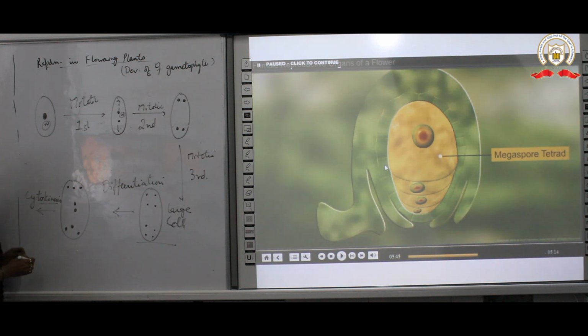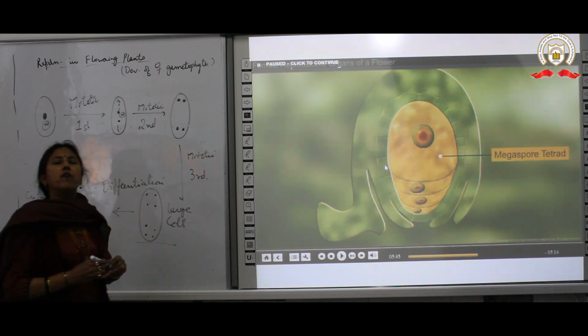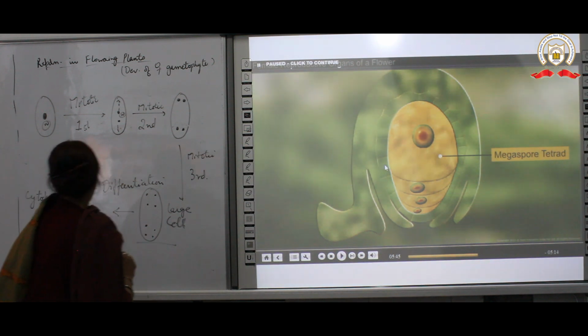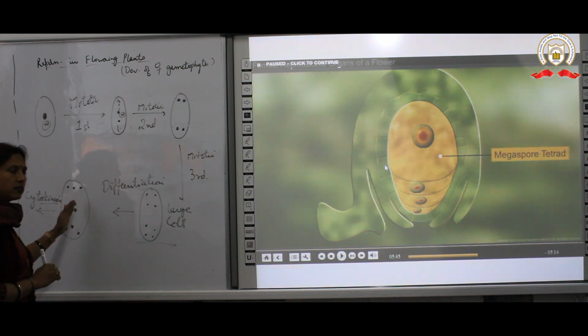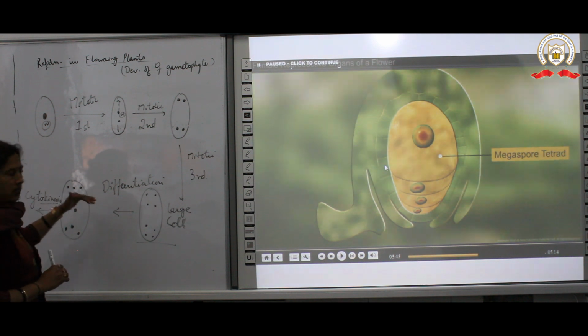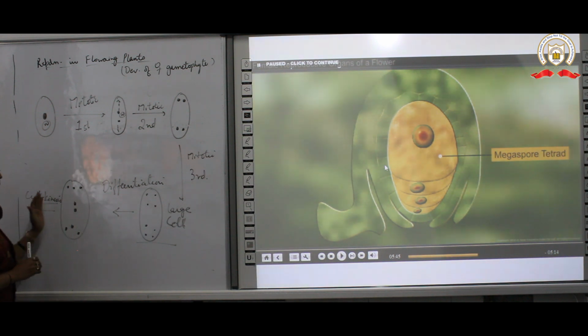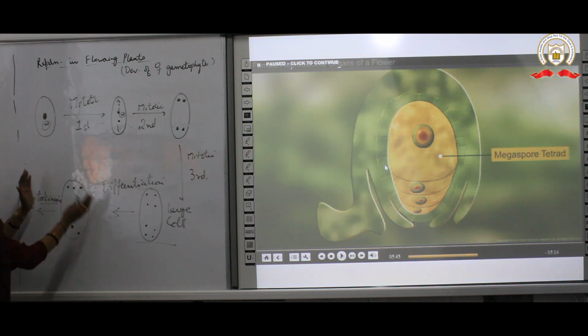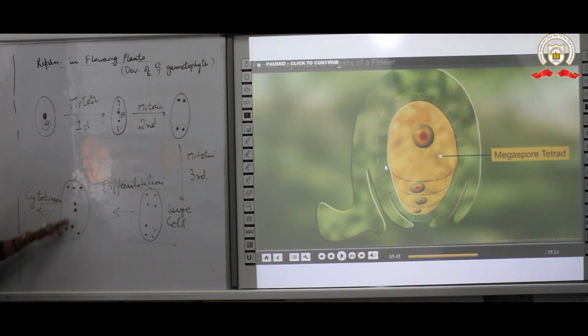cytokinesis. Cytokinesis is the formation of the cell walls. Cytoplasm is divided by the formation of cell walls, and now this structure will develop into an embryo cell, because that cell is there, but the differentiation of the cells to become specialized is yet to take place.